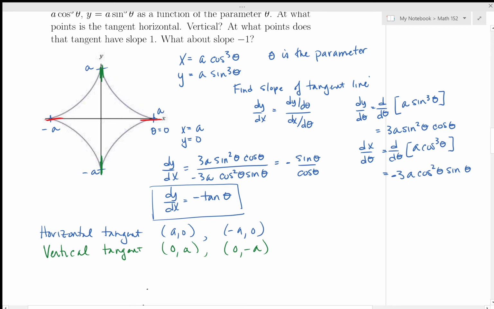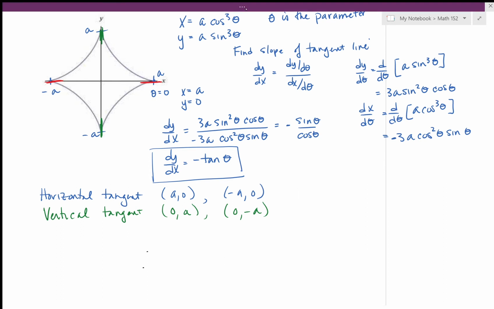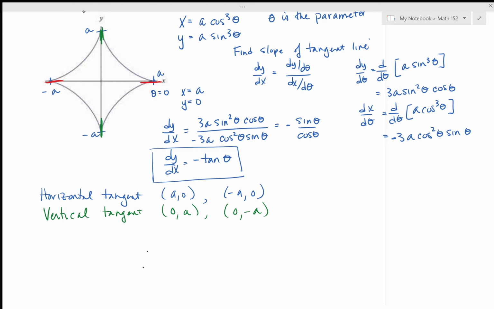However, I could be a little bit more mathematical, because I know what the slope of the tangent line is. So horizontal tangent line, this one here. Why did I do it in blue? Because the one was in blue. The horizontal tangent line happens, of course, when the slope equals 0.